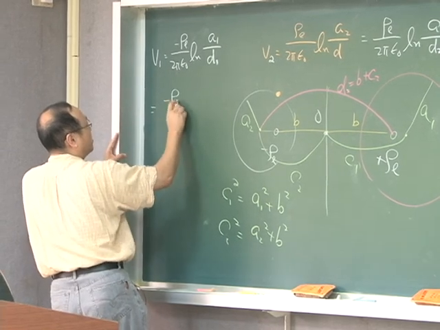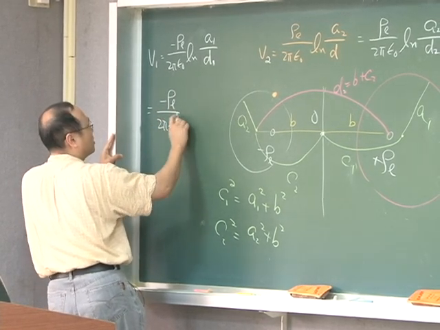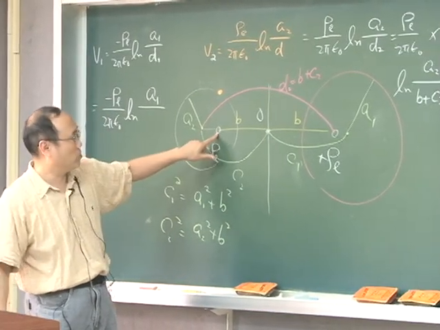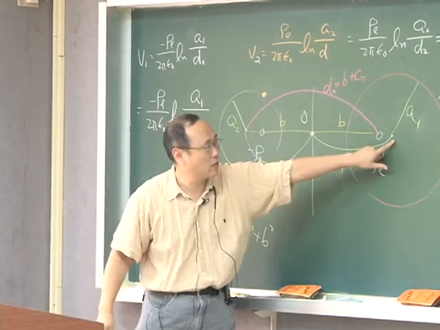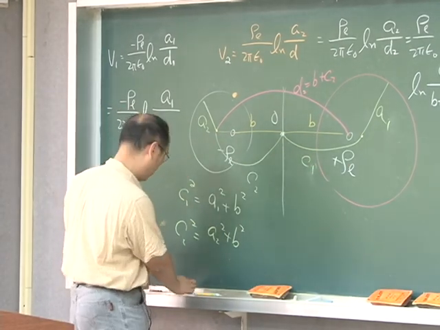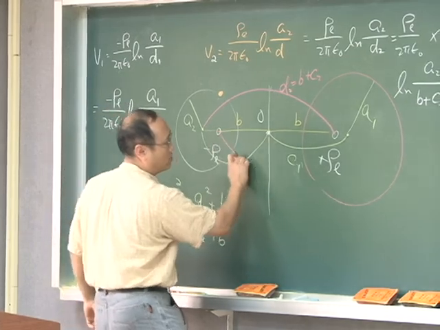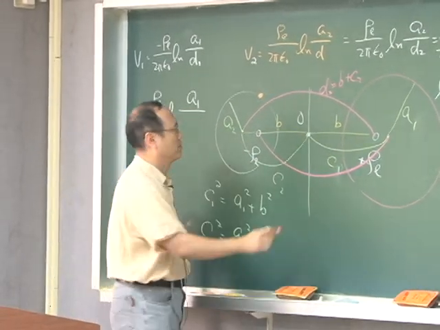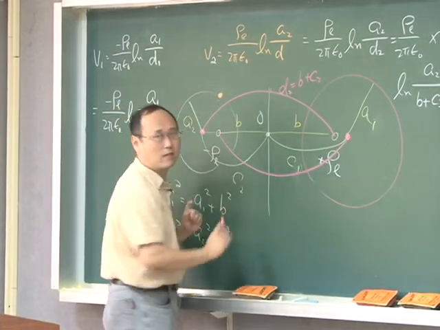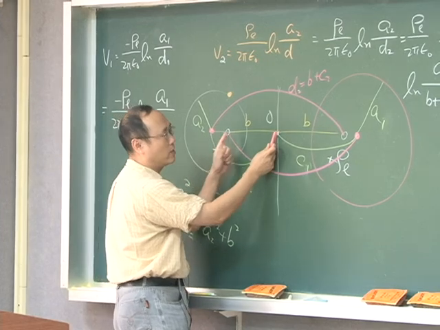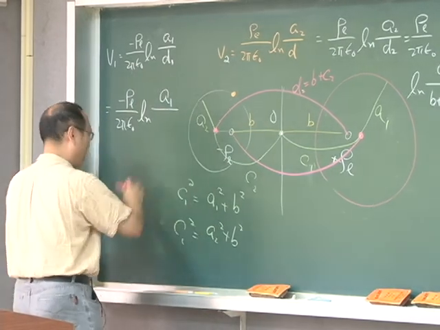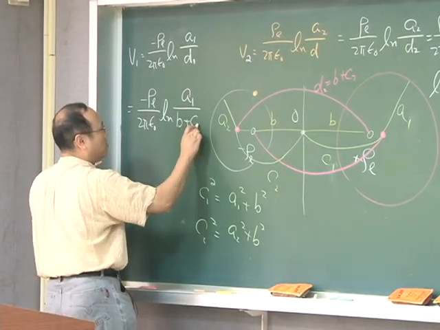D1 is now the distance between this line charge and the center of this circle, which is right here. So this is the summation of the distance of this one and this one. This one is B, this one is C1. So you have B plus C1.